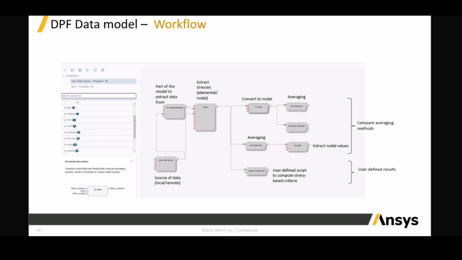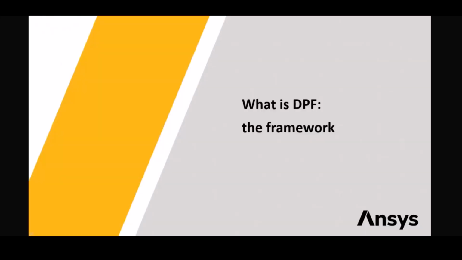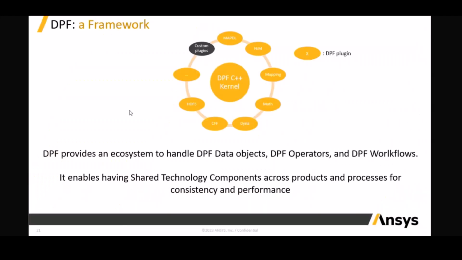A quick word about the framework, because now we've discussed what DPF is, what it looks like, and what it is useful for, but it is also a framework. We built it with a DPF C++ kernel, which is at the center of everything. And then you have what we call plugins, each of which brings a set or library of new operators dedicated to a specific task.